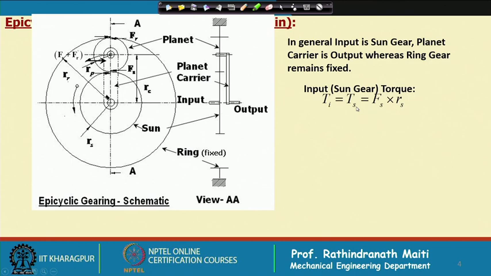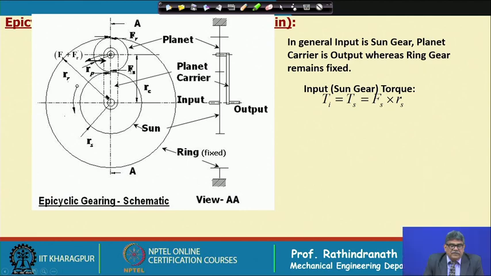Now, input, let us consider in the form of torque. Then input sun gear is having torque input T I, that must be equal to Ts. Ts means torque in sun, that is equal to a force acting here, Fs, into the radius of the sun, which is Rs.